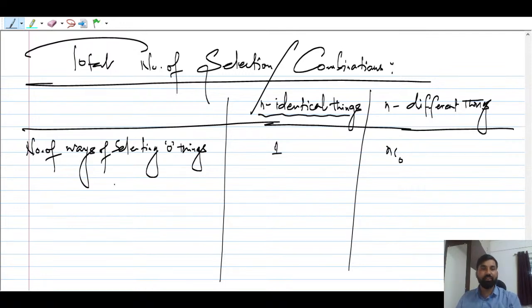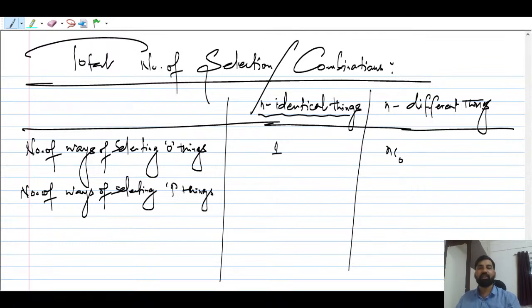Now the number of ways of selecting one thing. Tell me, if there are n identical objects, what will it be here? It will be 1 only, right? But for different things it will be nC1. How many of you are understanding this table?